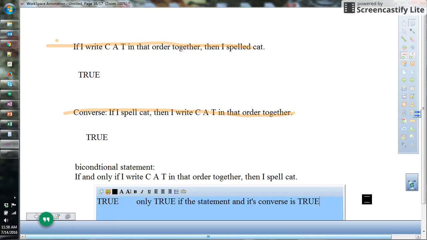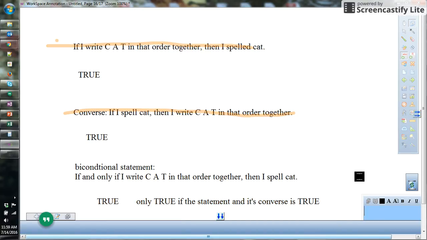Both of those have to be true in order for the biconditional to be true. So I guess we can write a biconditional statement saying if and only if the statement and the converse are true, then the biconditional statement is true, because that's a requirement there.